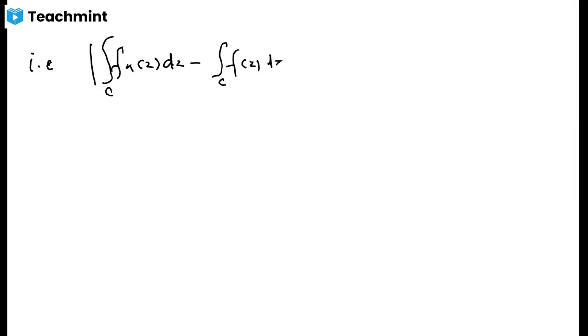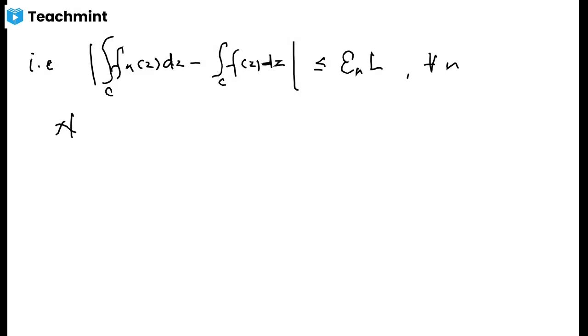So you have this final estimate: the integral over C of f_n(z) dz minus the integral over C of f(z) dz is less than or equal to epsilon n L. I don't need to mention where z belongs, because it is covered over all of the contour C under integration, and this is true for every n.